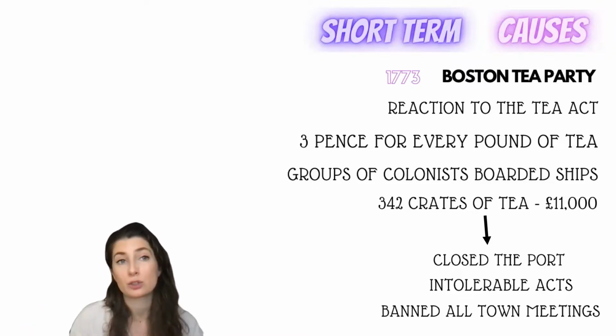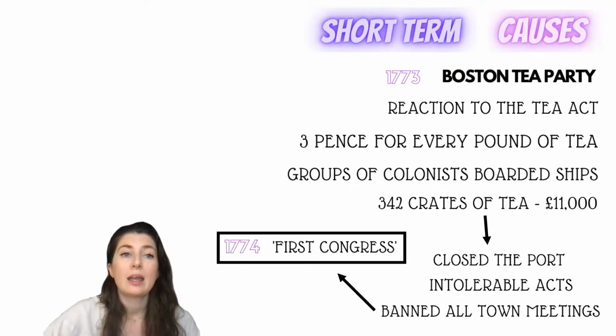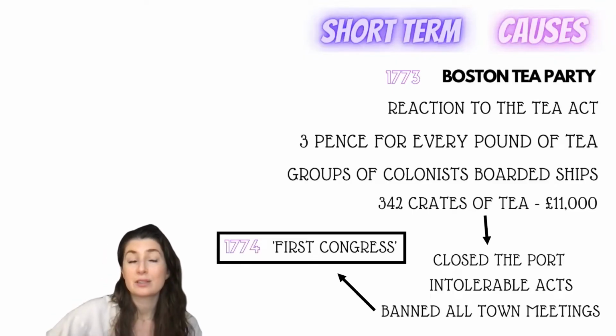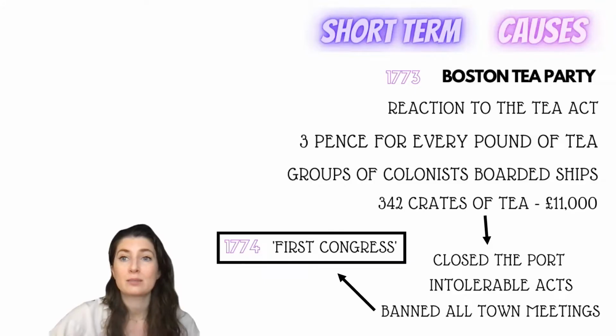That meant that the colonists couldn't meet up and discuss their approach or what they were going to do about Britain. In 1774, however, they defied this law, and 56 representatives from all the colonies met in a secret First Congress, and they decided at this Congress they were going to fight the British.